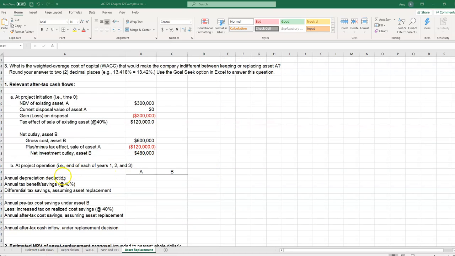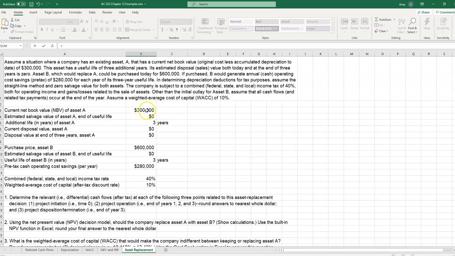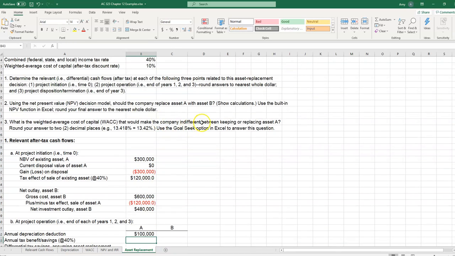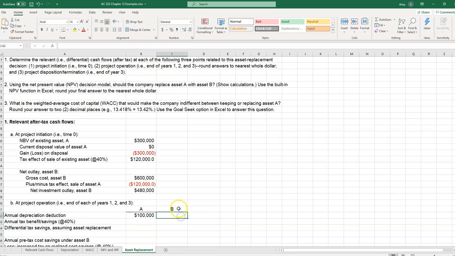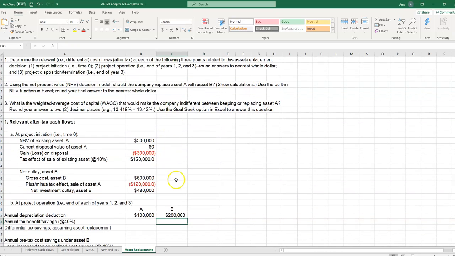Looking at our project operation, our annual depreciation deduction for A is $100,000. So we have $300,000 divided by a 3-year useful life. And for B, we have a $600,000 asset divided by 3 years for straight line depreciation.